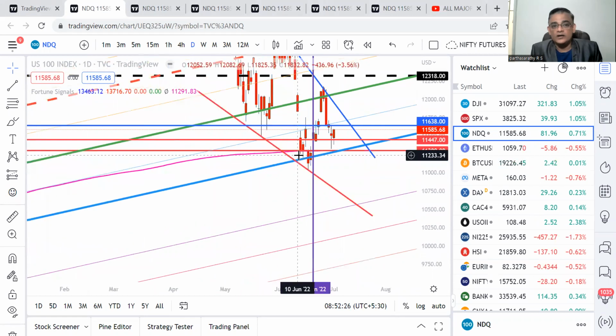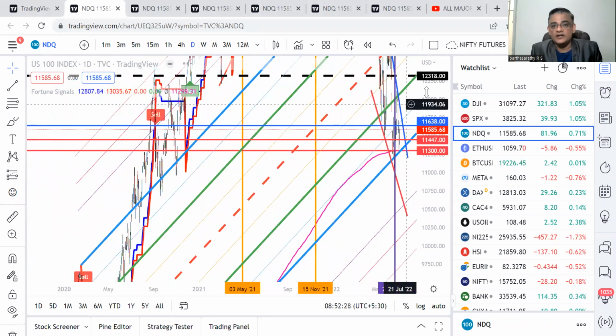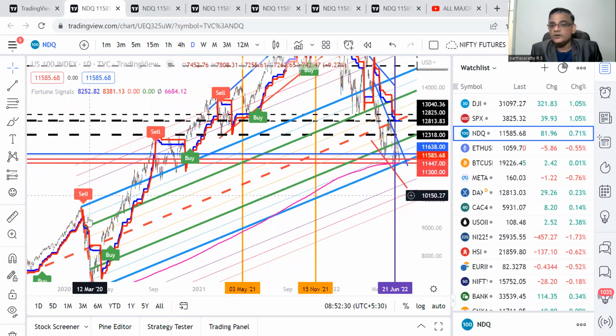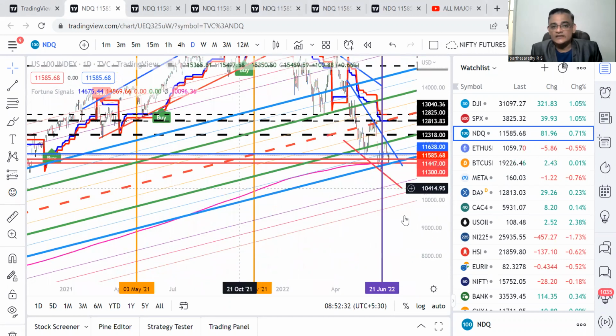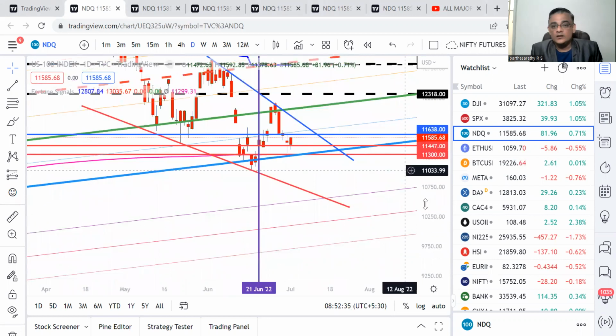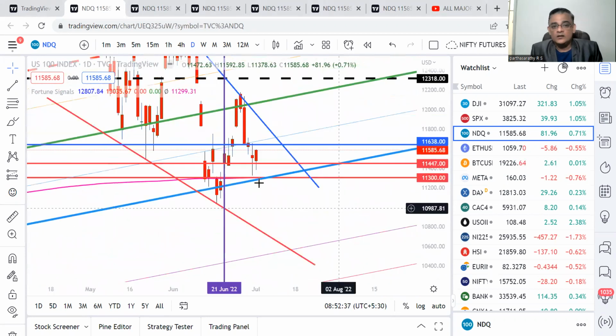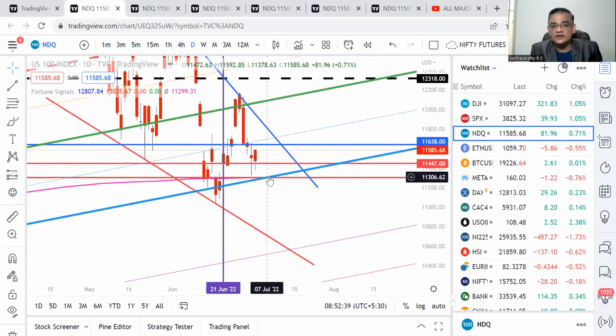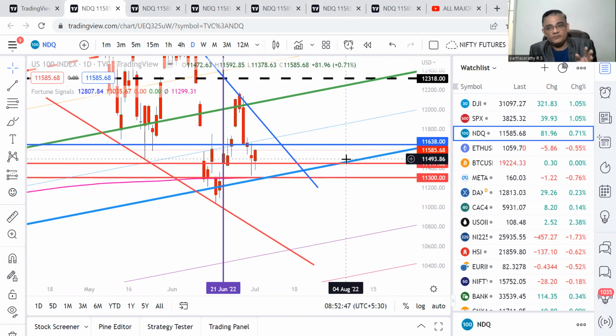If I go and take the data long back, when I connect the pitchfork, it says that till it holds this blue color line, there is nothing to worry. I will try to cover pitchfork in a detailed video in the later part.